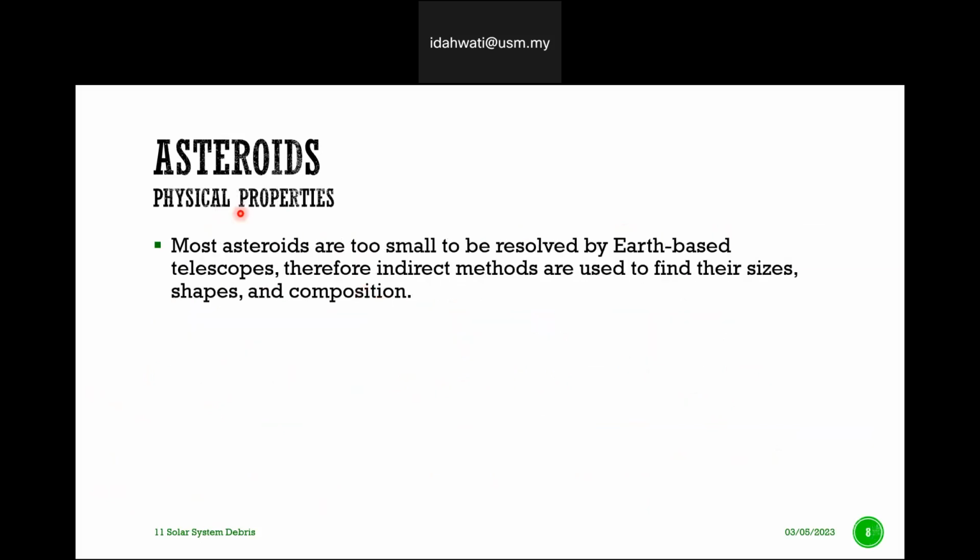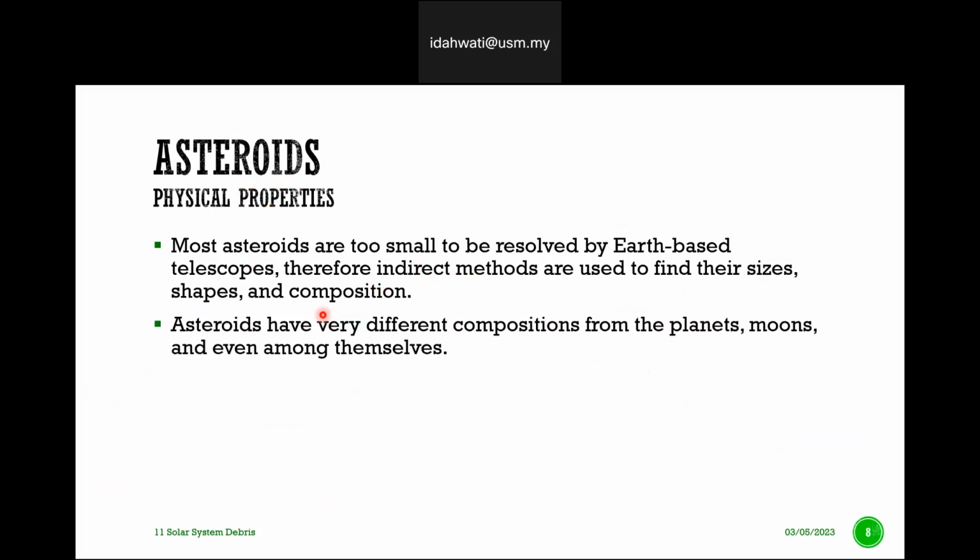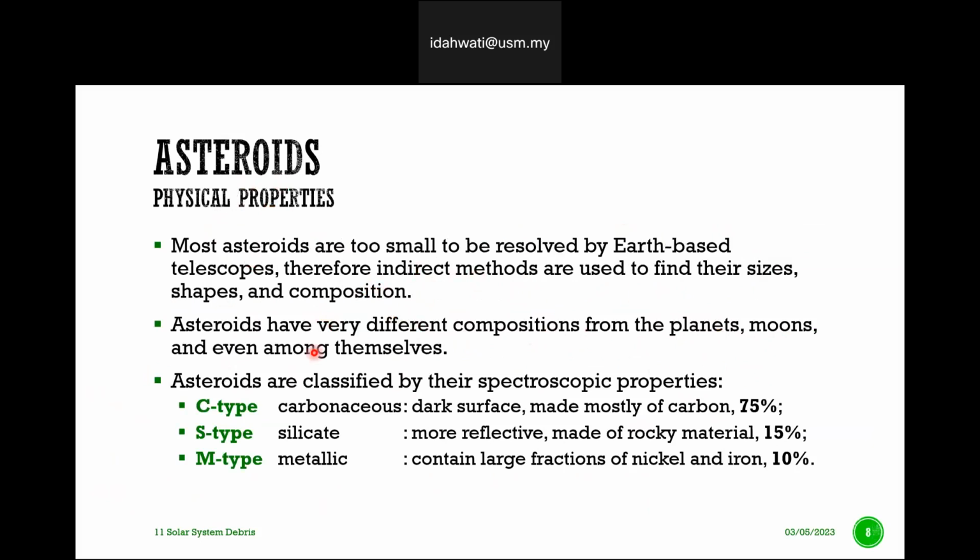For the physical properties, most asteroids are too small, and therefore indirect methods are used to find their size, shape, and composition. These asteroids have very different compositions from the planets and moons. Asteroids are classified by their spectroscopic properties.